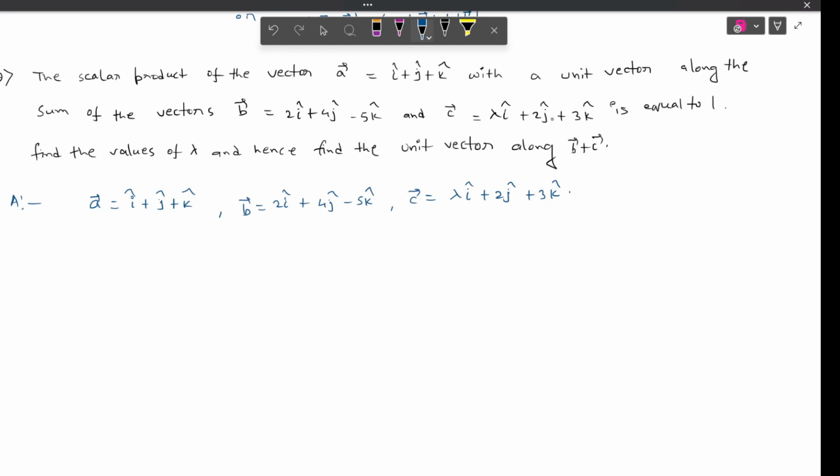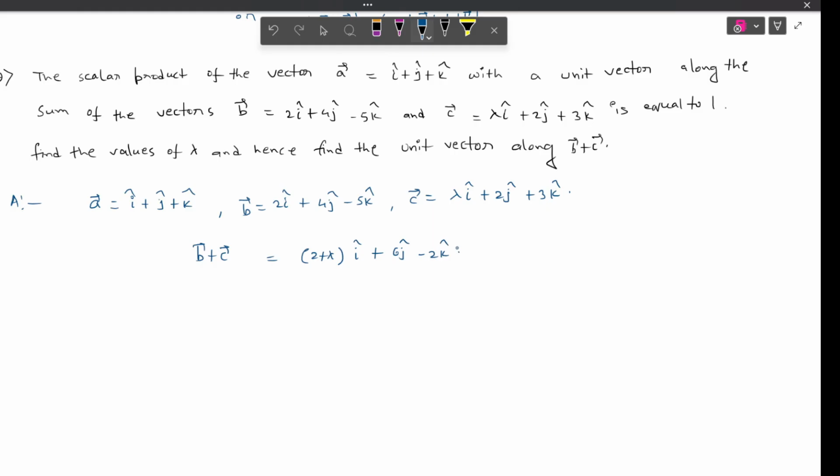Okay, so first of all, let us find out b plus c vector. B plus c, that is 2I cap plus lambda I cap, that is 2 plus lambda I cap plus 6j cap minus 2k cap.